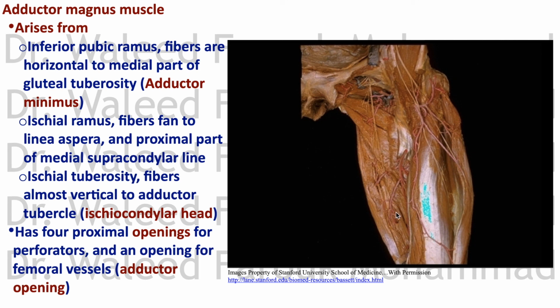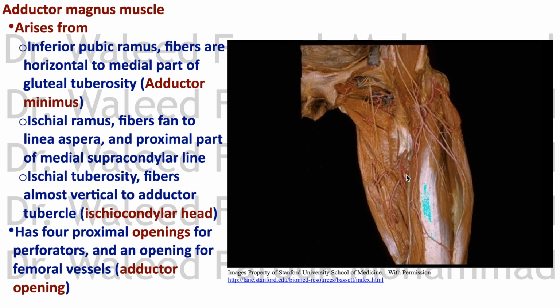And it has a big opening downwards at its end. It inserts in the adductor tubercle as well. Between the insertion at the adductor tubercle and the shaft of the femur, there is a triangular gap in the muscle that allows for the passage of the femoral vessels backwards to become the popliteal artery.